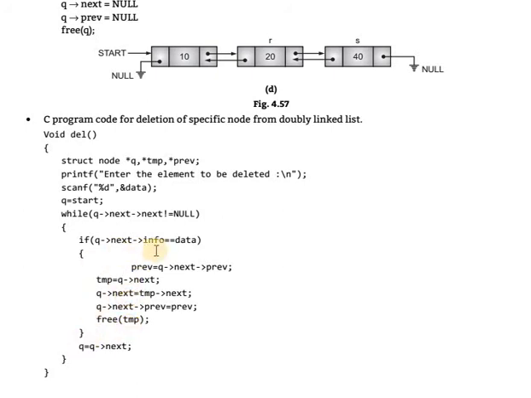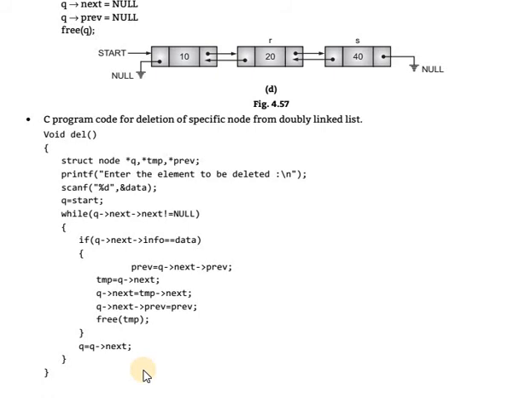For example, when the 30 number is found and we delete it, Q next previous is initialized to previous, Q next is initialized as temp, and temp next is initialized to Q. This means the Q, R and S variables are used.